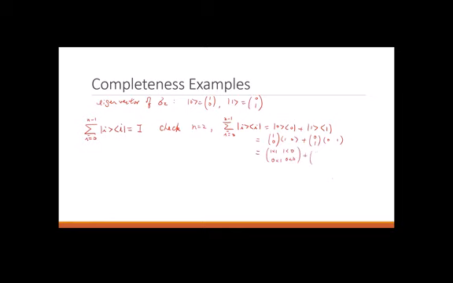The second one is what? 0 times 0, 0 times 1, 1 times 0, 1 times 1. Which is equal to [[1, 0], [0, 0]] plus [[0, 0], [0, 1]], that is equal to [[1, 0], [0, 1]], which is the identity matrix in the 2-dimensional space.